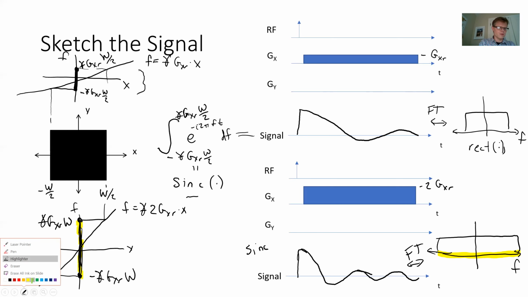And similarly, this narrow range of frequencies we see in the Fourier transform of our first case corresponds to this narrow range of frequencies that was created in this object with the lower readout gradient amplitude. Okay, so hopefully that helps you understand a couple of those examples.